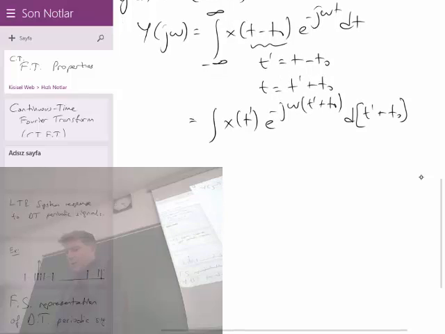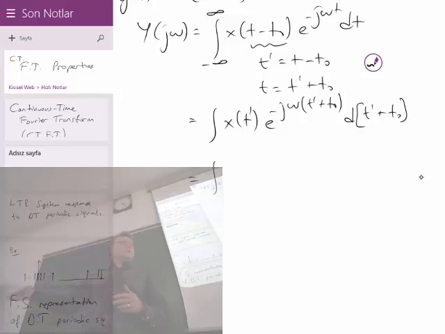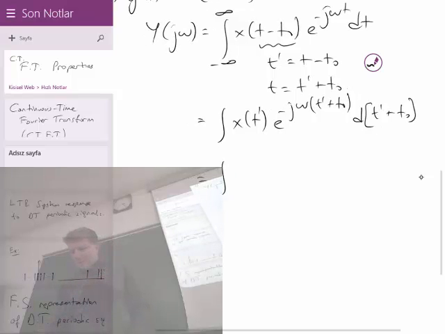Now, what can we say about the integration limit first of all? If t is from minus infinity to infinity, where is t prime from to? It is also from minus infinity to plus infinity, because by shifting by an amount of finite t0, minus infinity will still be minus infinity and plus infinity will still be plus infinity. Plus infinity plus t0 is infinity, in other words.